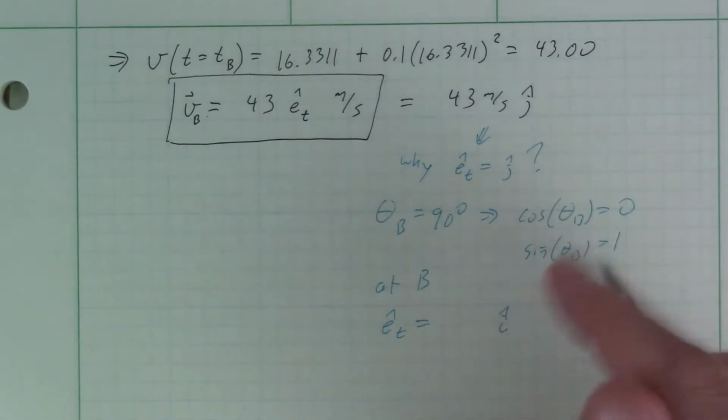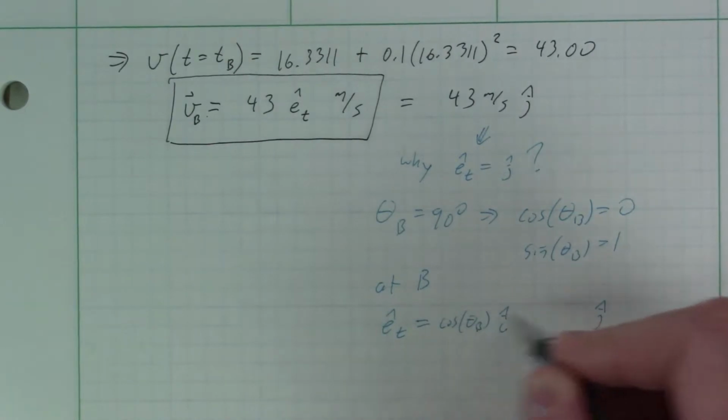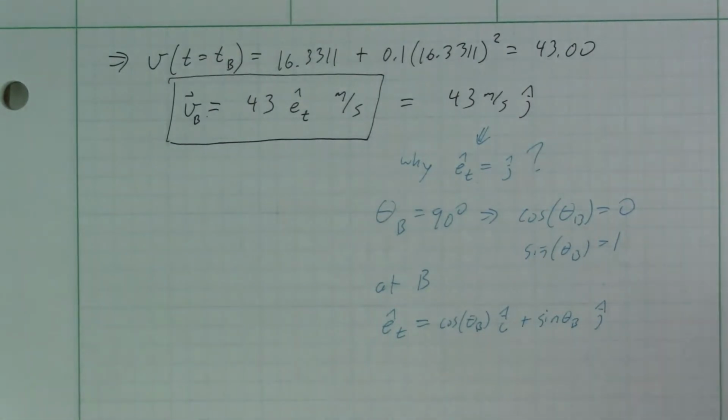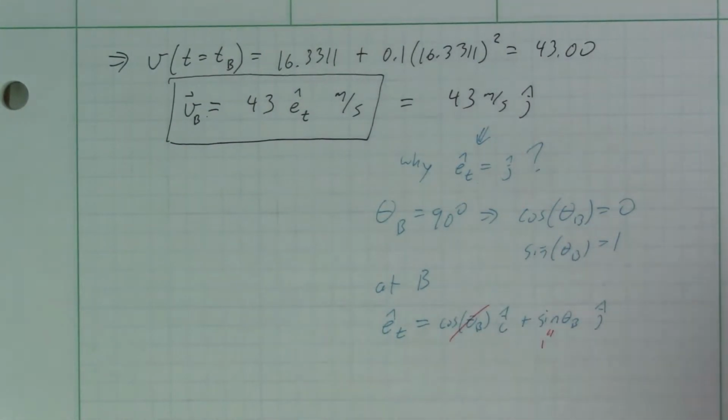So this is going to be cosine theta b i hat plus sine theta b j hat. Well, this one is nothing, this is just 1, so this is just j hat, right?